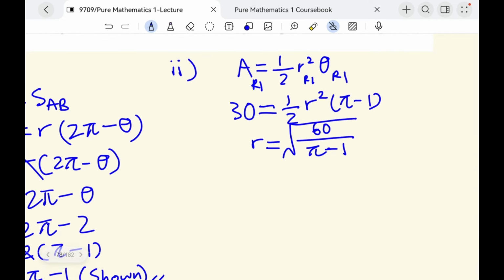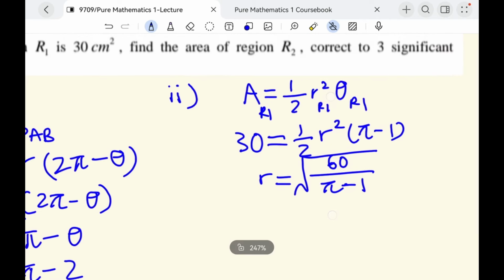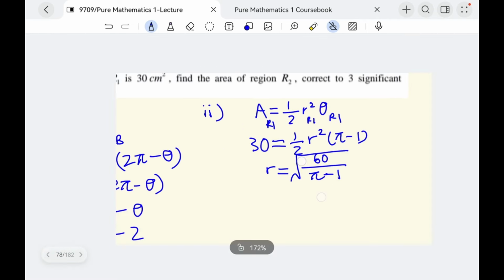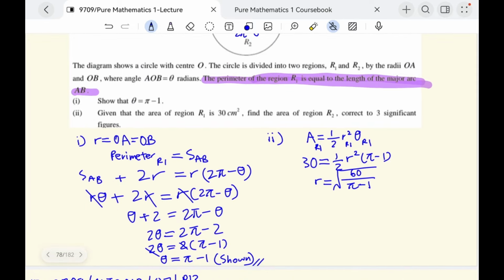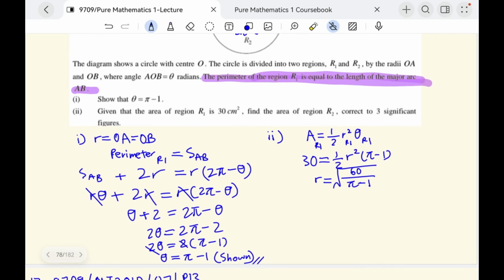So you will get the radius of surd 60 over pi minus 1. If you use your calculator to evaluate the decimal value of the radius, you should get about 5.2931 cm. But I don't think I will evaluate the decimal value of the radius, for the accuracy.